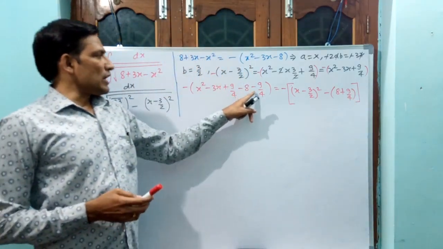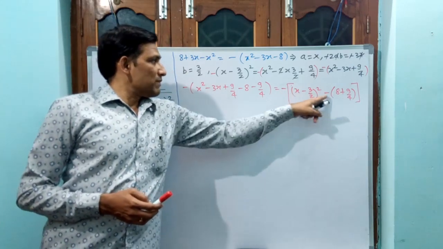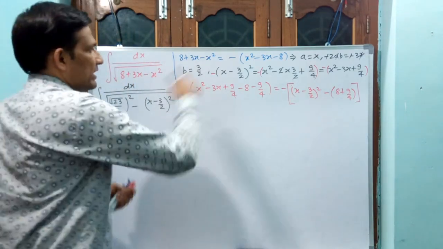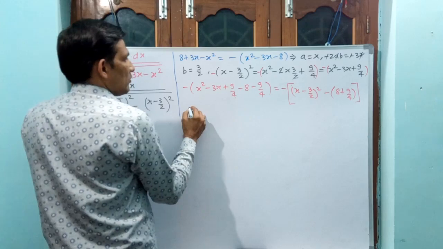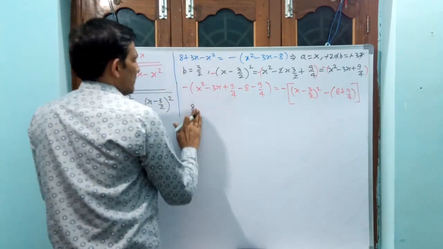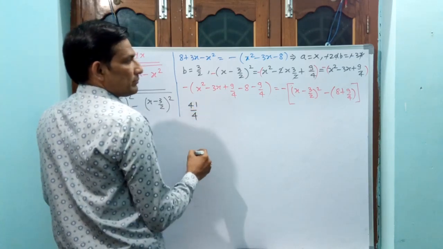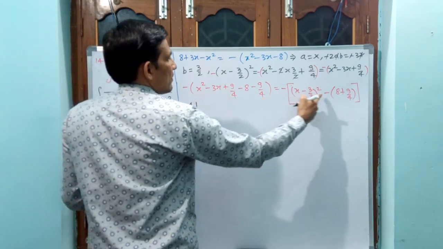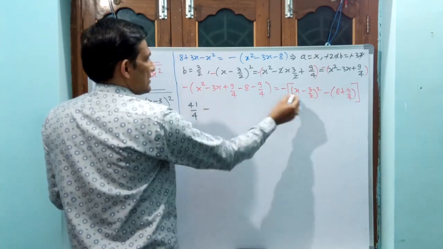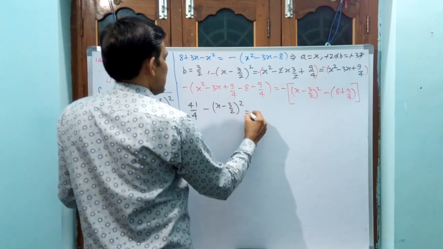Why? Because both are minus, I have taken common, minus 8 minus 9 by 4. But minus of minus, plus it is going to become. Then I am taking it to the front side. Okay, you see 32 plus 9, 41. That means 41 by 4 plus this is minus x minus 3 by 2 whole square, that is equal to.